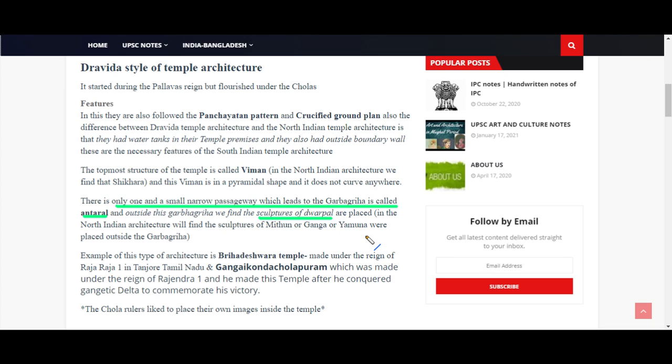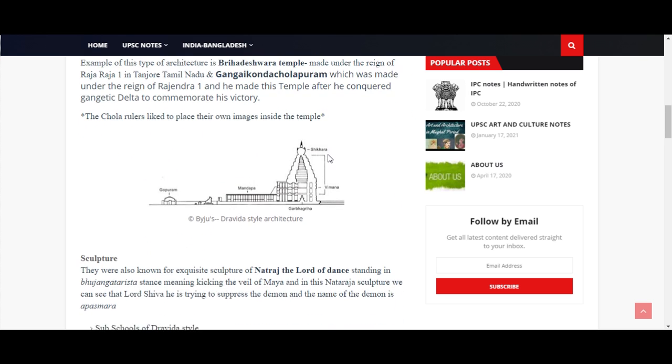Examples of the Dravid style are the Brihadeshwar temple, which was made under the reign of Raja Raja I in Tanjore, Tamil Nadu, and the temple at Gangaikonda Cholapuram, which was made by the ruler Rajendra I after he had conquered the Gangetic plains.